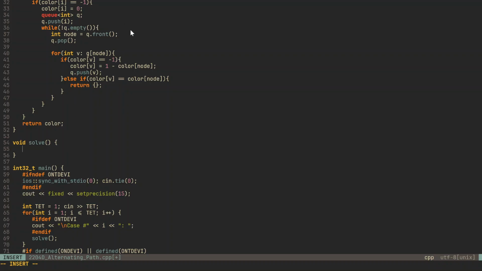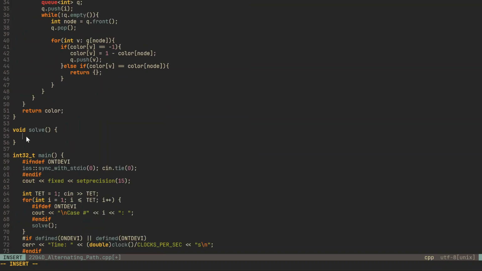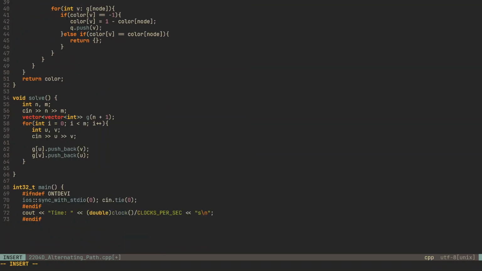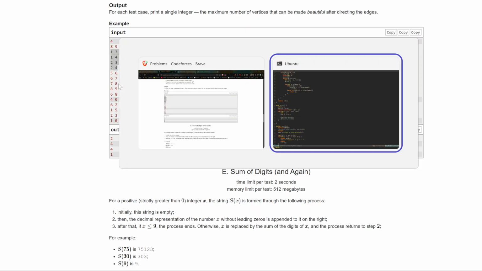So we have to do some changes here. Let's read the code. Okay, this is the input.